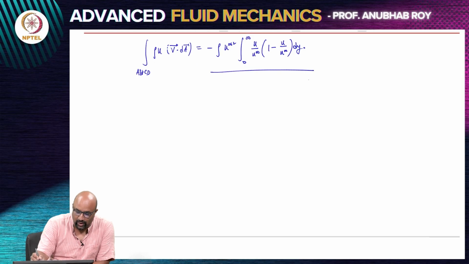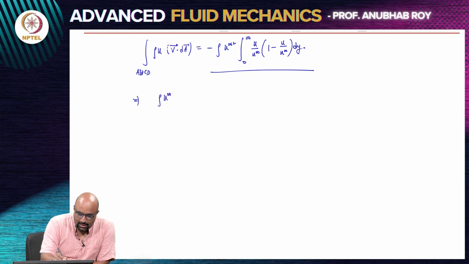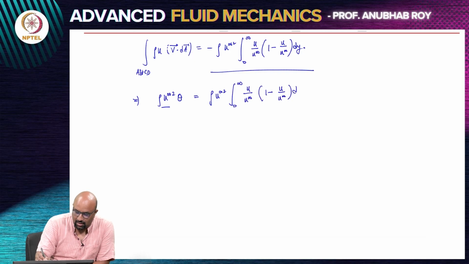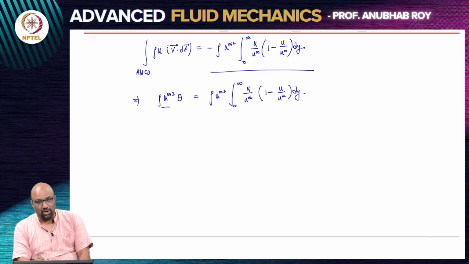So, this is the loss in momentum per unit width. In terms of dimensions, you can write it as rho u infinity square times some thickness. The negative sign tells you there is a loss in terms of what has come in and what has gone out. Clearly, more momentum was pumped in than what has actually exited.